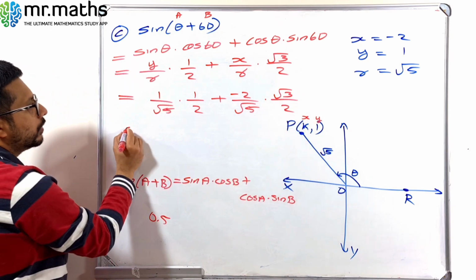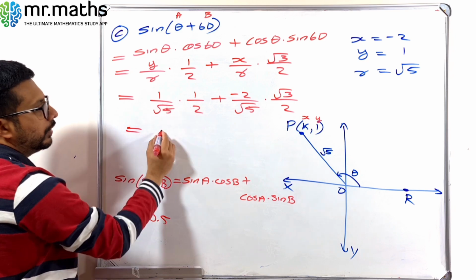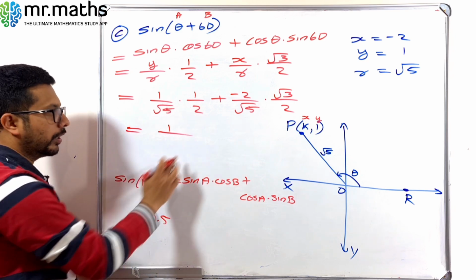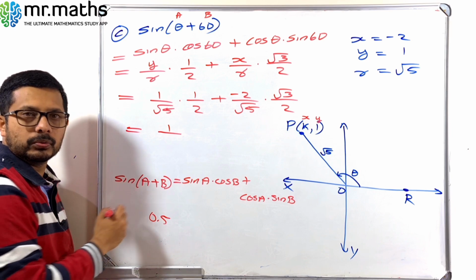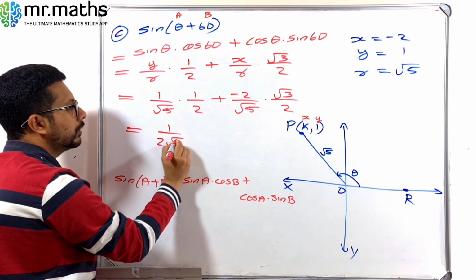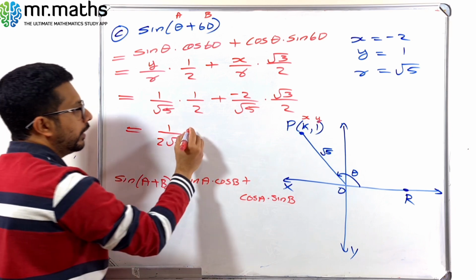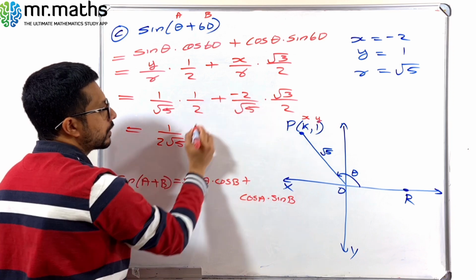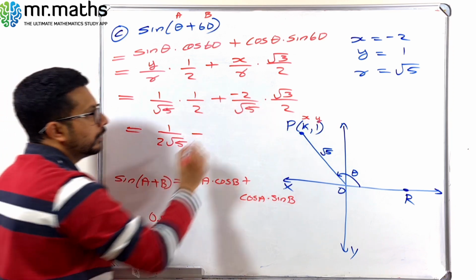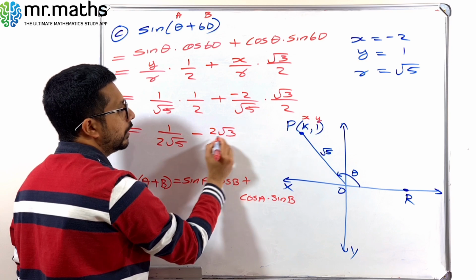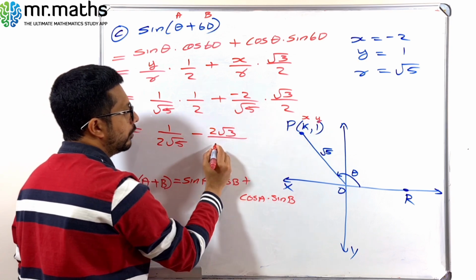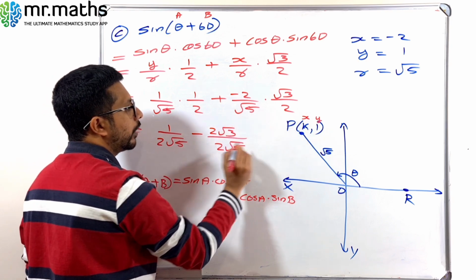Okay, so this is 1 times 1 is 1. Then root 5 times 2, that is 2 root 5. Then plus into minus is minus, then 2 into root 3, 2 root 3, 2 into root 5, 2 root 5.